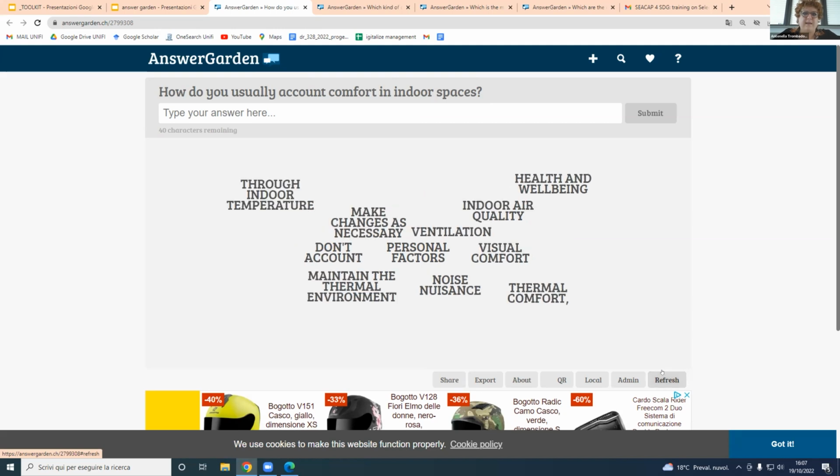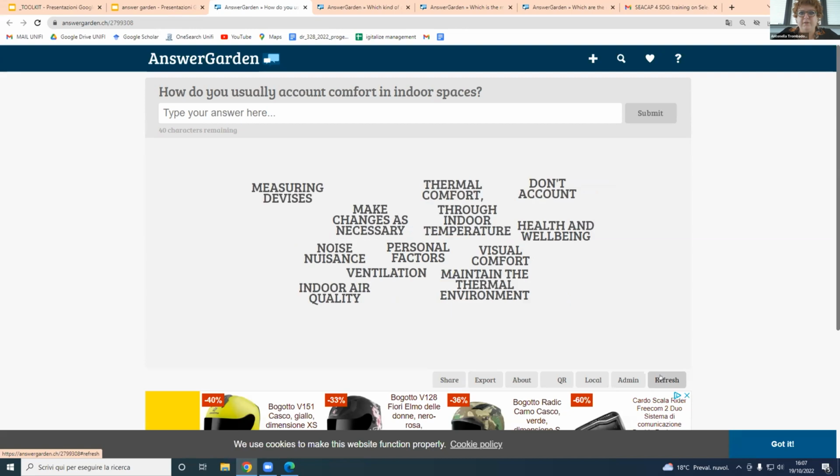Ventilation, I suppose it is natural ventilation or mechanical ventilation. This is very difficult to measure because it's a dynamic quantity. So, to have indoor temperature. Okay.